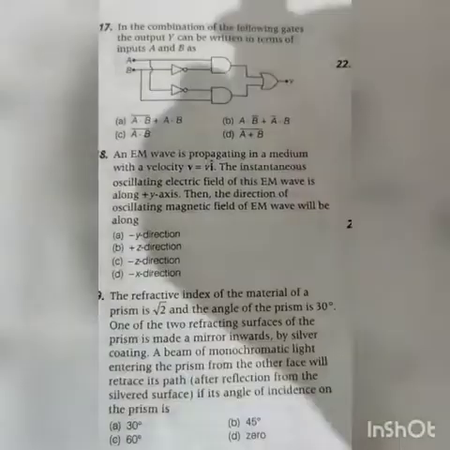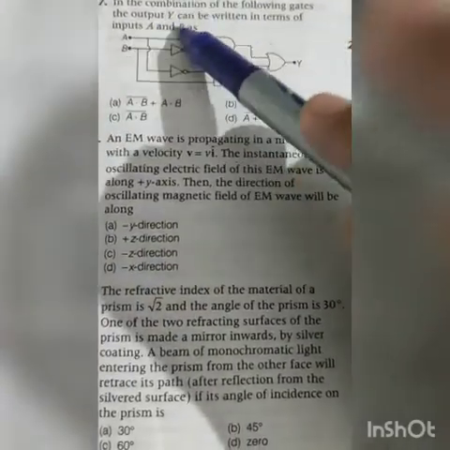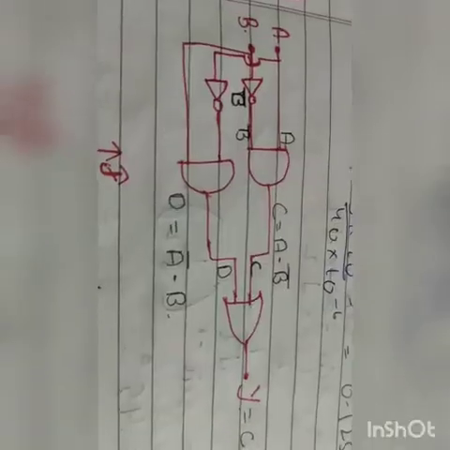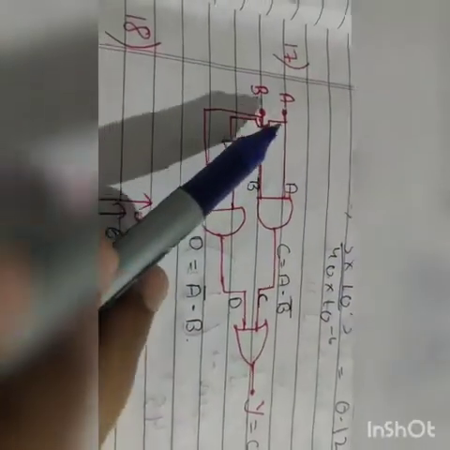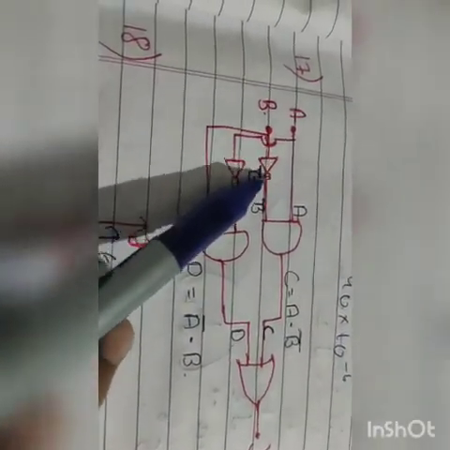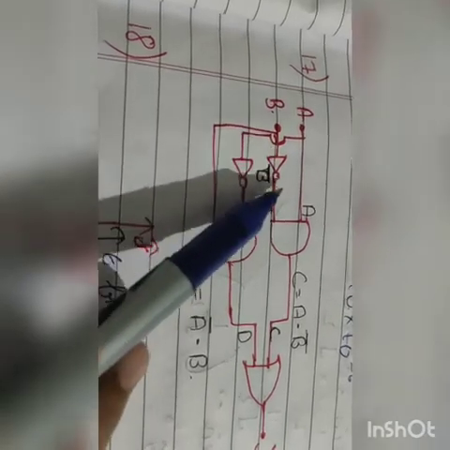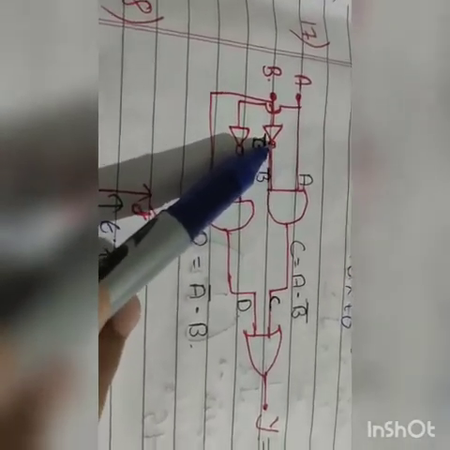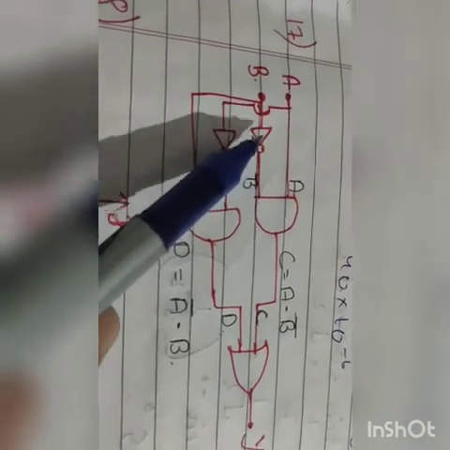Now question number 17. For the combination of the following gates, the output Y can be written in terms of A and B as. So here you can see A and B. As it is not this 0 type structure, it tells that it reverts.